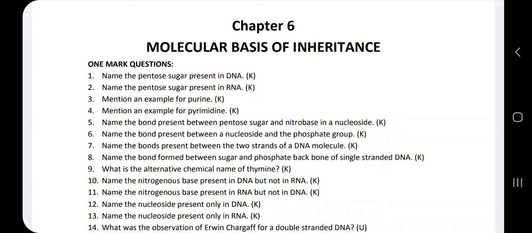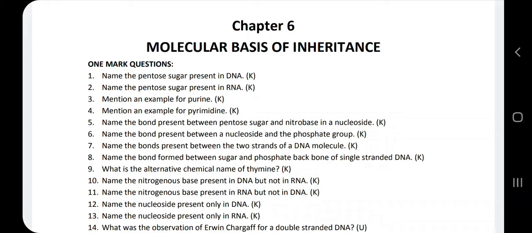So I said nitrogen bases are of two types, that is purine and pyrimidines. So two purines and two pyrimidines. But when you have studied the difference between DNA and RNA, in the DNA there are two purines and two pyrimidines.